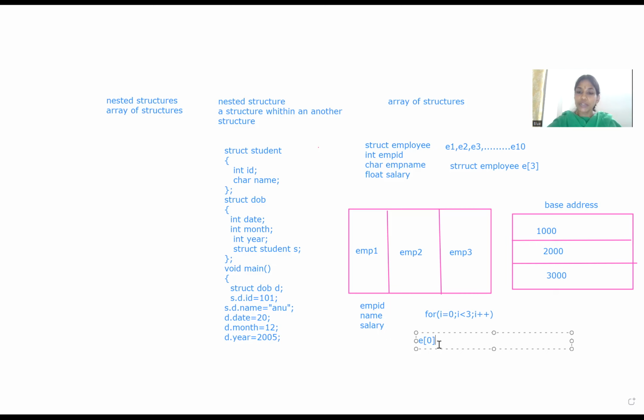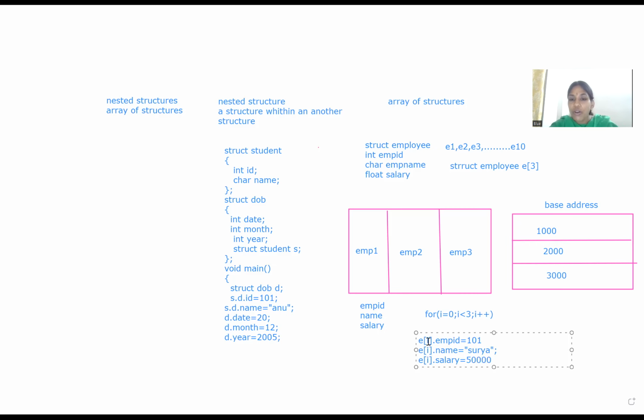E of i dot employee ID equal to 101. E of i dot employee name equal to some name. E of i dot salary equal to that.